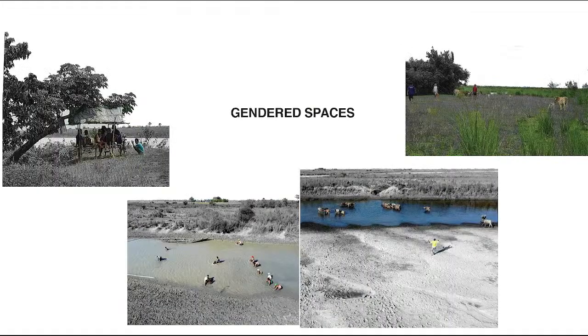It was also a very gendered space, with specific places and specific activities: men would be grazing the cattle and the buffalo, and there would be women in the picture down here engaged in fishing in the field. So there are very specific places that each gender occupies, but also very gender-based activities.